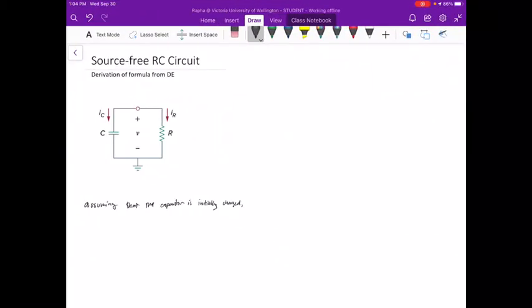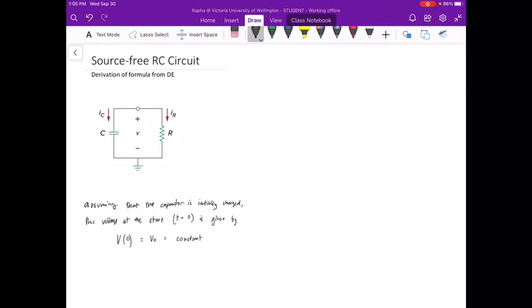On that condition, the voltage at the start, when our time t is equal to 0, is given by v at time 0 equals V0, and this value is held constant.